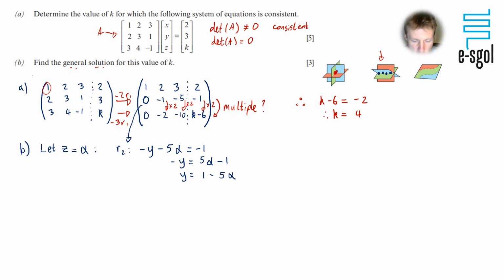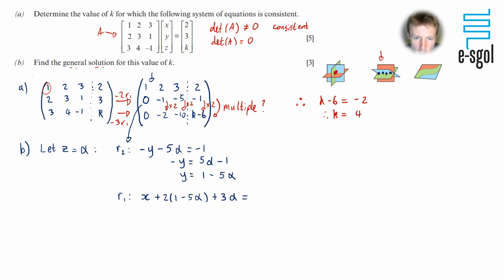Let's do the same for the top row, row 1. So this one here, that's 1x plus 2y. Now y, I'm not going to use the letter y anymore. I'm going to use what I just created, which is 1 minus 5 alpha, plus 3z, but we're not using z anymore, we were changing it to alpha, and that equals 2.